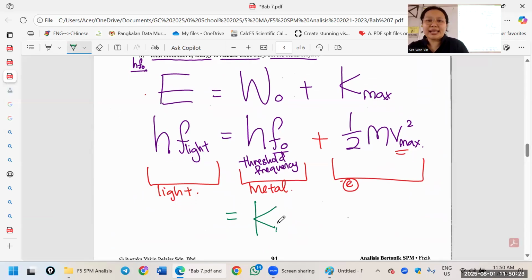So we also can get a conclusion. If I want kinetic energy, but I don't have M and V, how can I do?